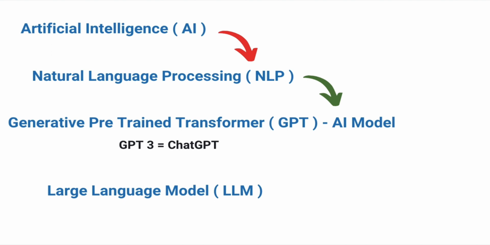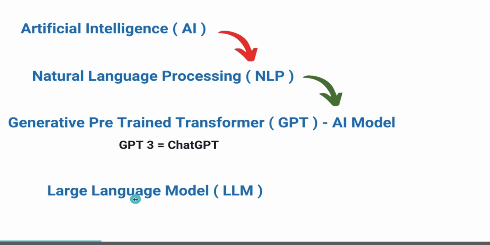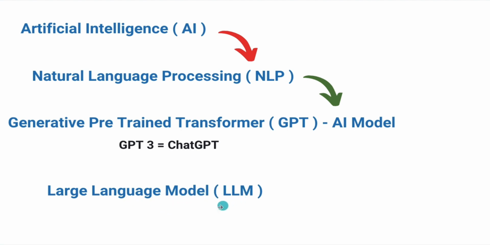In coming topics we will make you understand large language models, but for now do not worry. We will frequently use the term LLM in the entire course. So make sure that in future we will talk about and teach you large language models. Stay focused and watch the course from start to end very carefully.